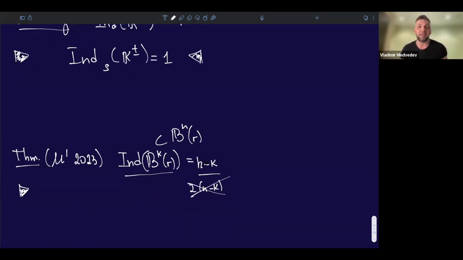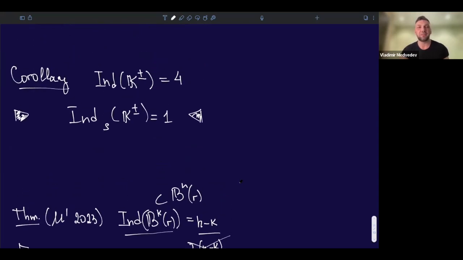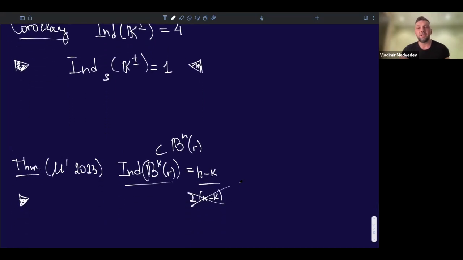It is exactly n minus k, exactly like in the flat case. So I'm going to update my paper on the arXiv very soon with the correct proof. The proof is pretty much the same as written there.